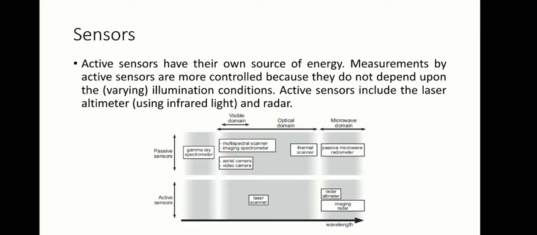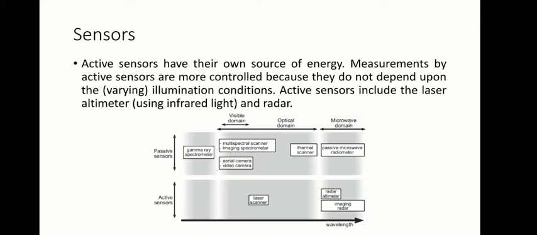You can just search it on Google. As you can see in this figure, the passive sensors are available in the whole domain, from gamma rays to the passive microwave radiometer, while for the active sensors, we only have laser, LIDAR and radar techniques.